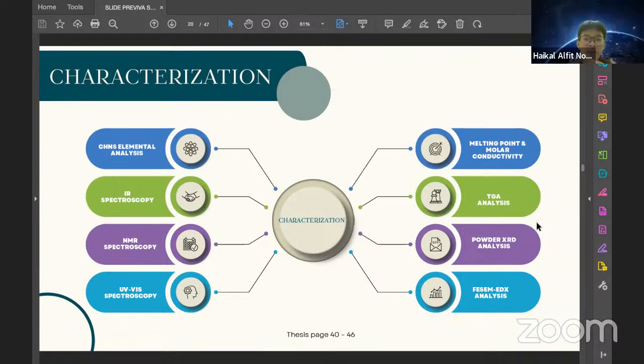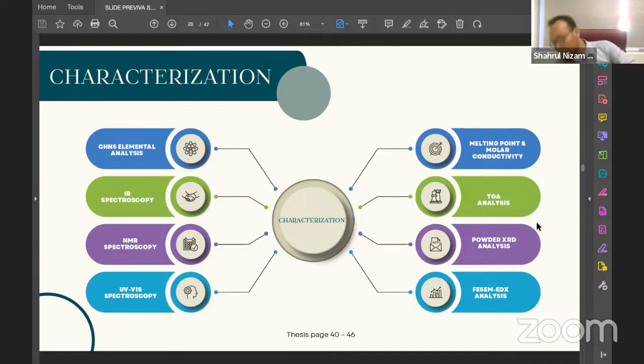Ya, mungkin untuk teman-teman yang lain jika ada pertanyaan terkait yang sebelumnya, baik yang sintesis ataupun metodologi, dipersilakan untuk bertanya. Ada? Tak ada. Oh, Akbar.